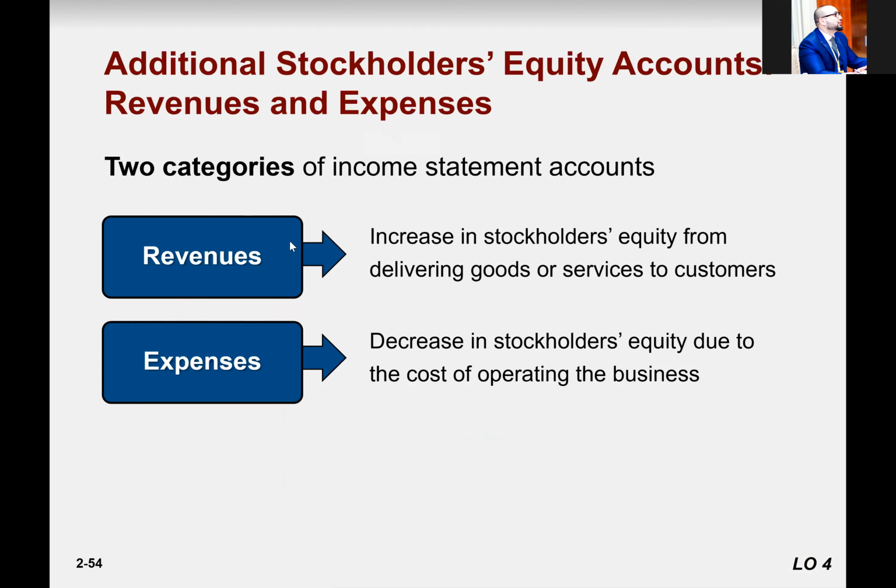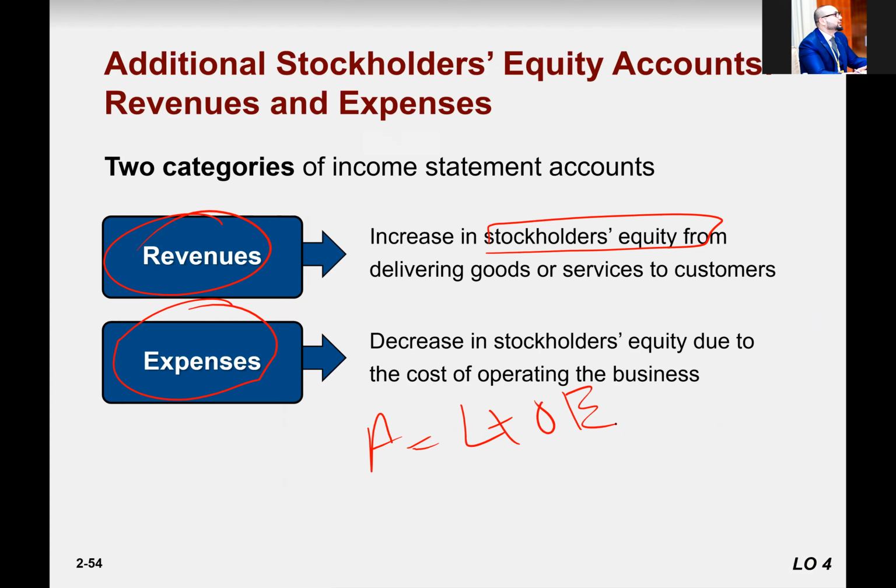There are 2 more accounts besides retained earnings, that is revenue and expense. Revenue increases the stockholder equity. Recall your earlier discussion: assets equal liabilities plus owner's equity. If revenue increases the owner's equity, then does an increase in revenue mean debit or credit?